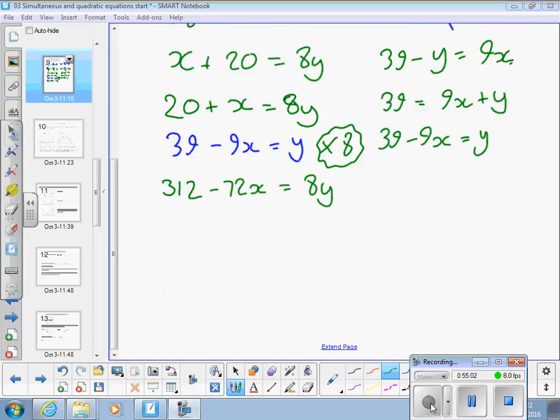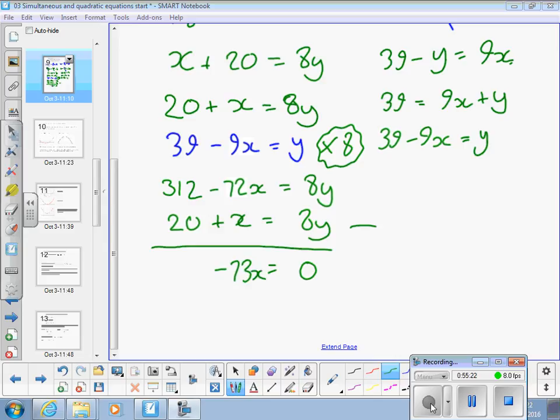So we can put 20 plus x equals 8y, and subtract. Agreed? Or not?